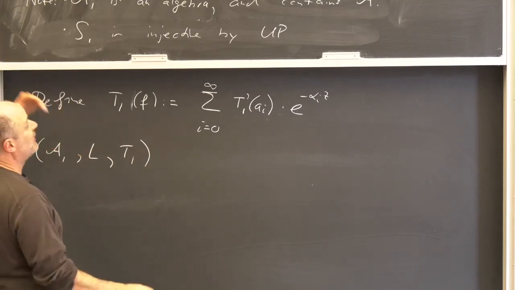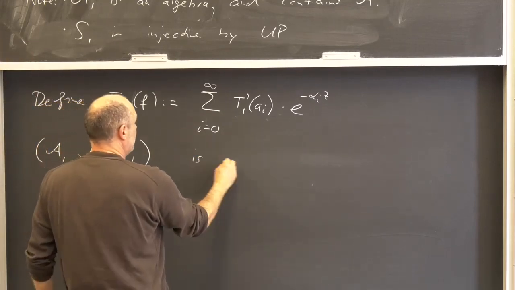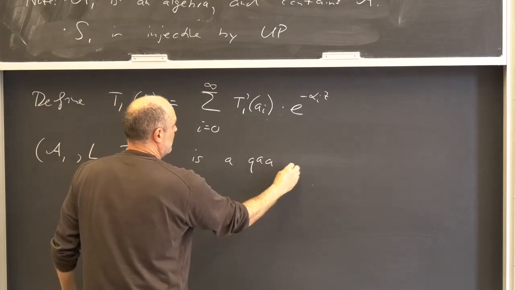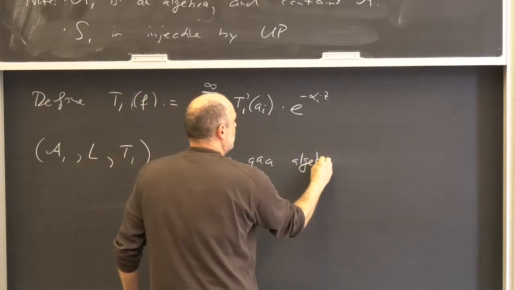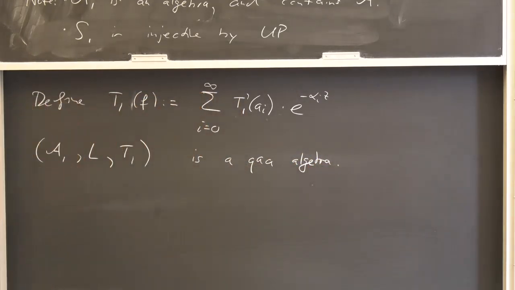Oh, it didn't say that for A0. Yes, this is a QA algebra. So now we've already constructed one that contains A, but is actually an algebra.